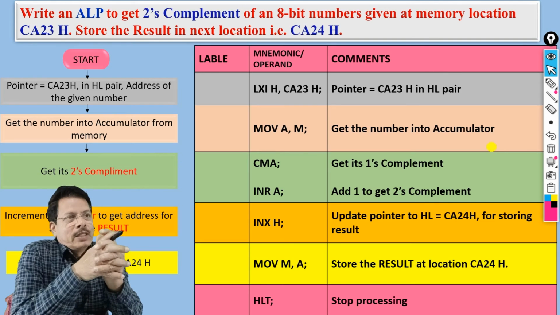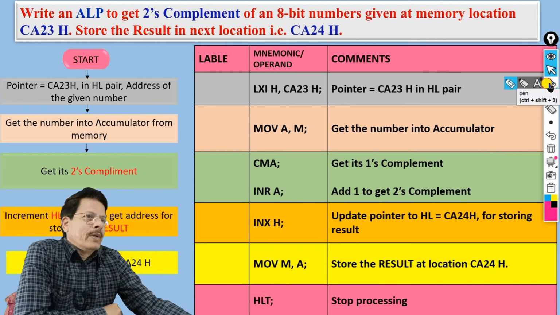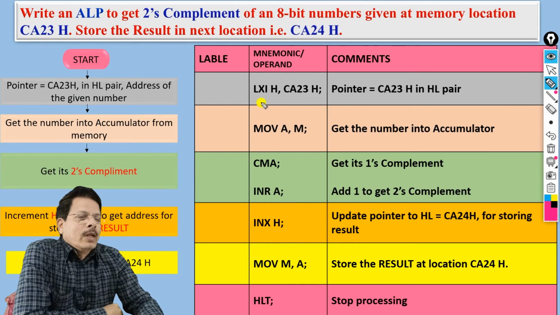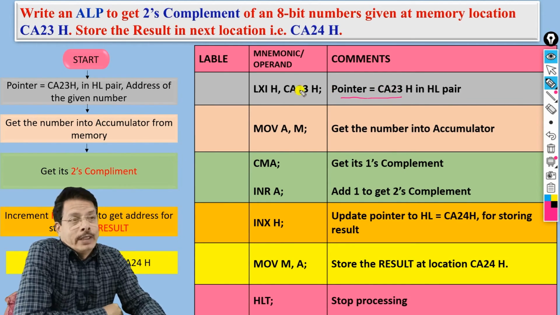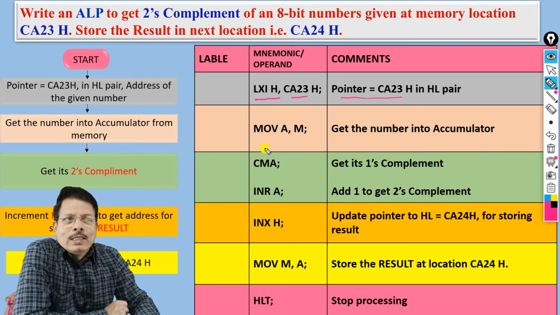The first step is that we want to initialize the pointer to CA23, because the data is given there. That's why the instruction is again LXI H, load the HL pair with the address of that number, which is CA23 in this case.